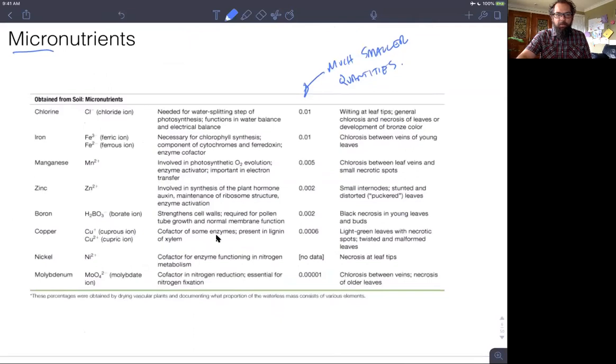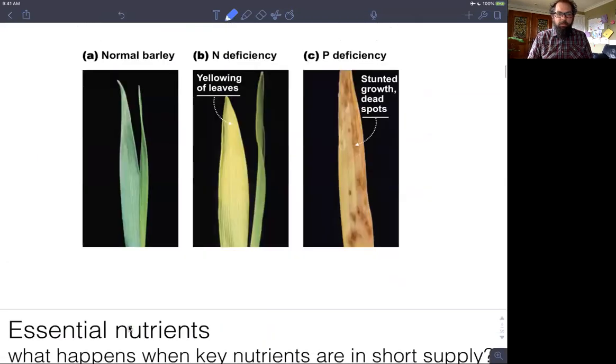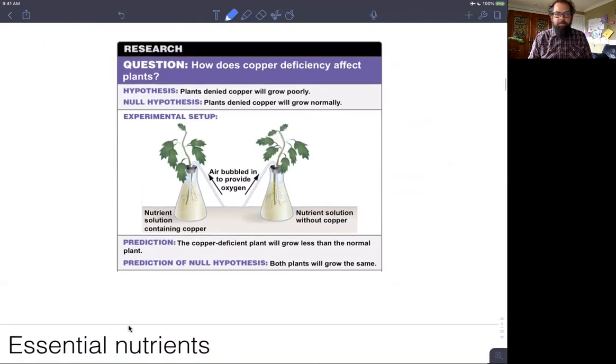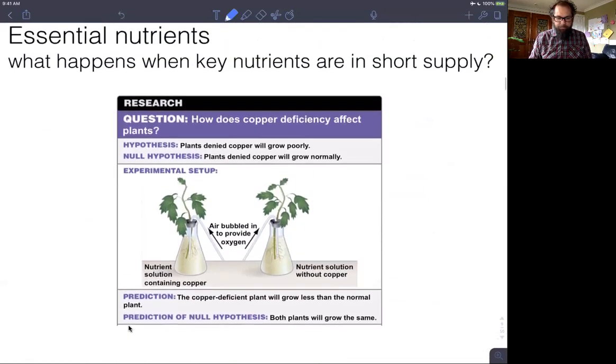But it's a really important cofactor of certain enzymes, and it's found in lignin of xylem. And so in woody plants especially, copper is very important. Okay, so let's look at what happens if there's a copper deficiency in the plant.